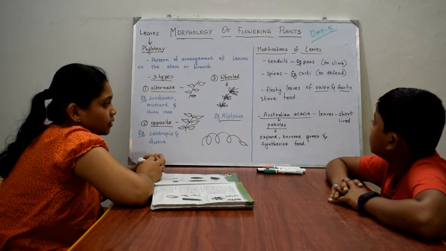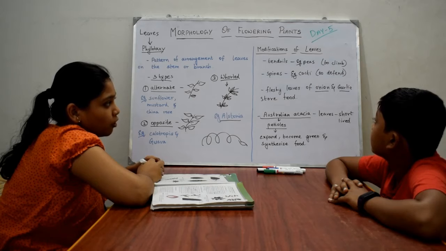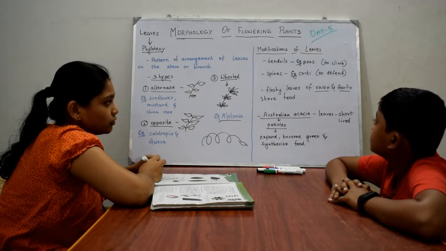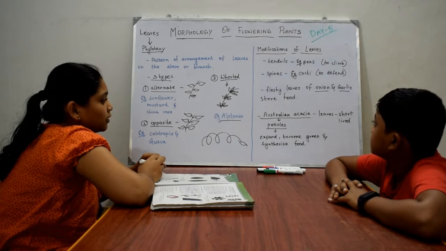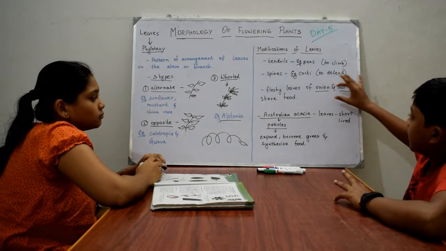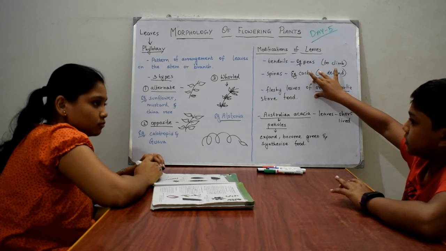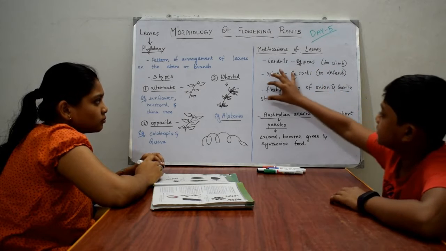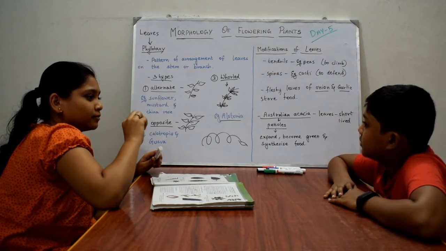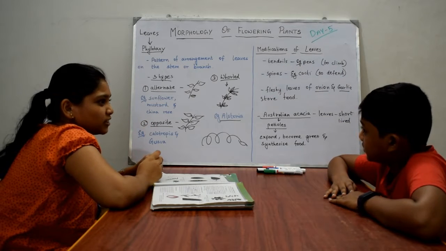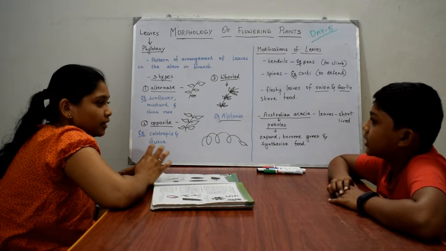Examples are the fleshy leaves of onion and garlic. These are leaves which store food in them. Fleshy leaves are nothing but leaves that are thick and fleshy.